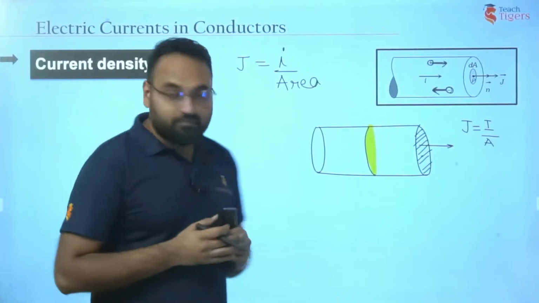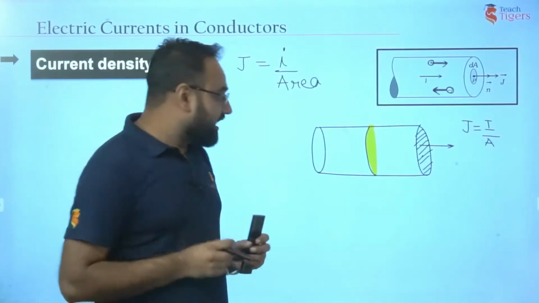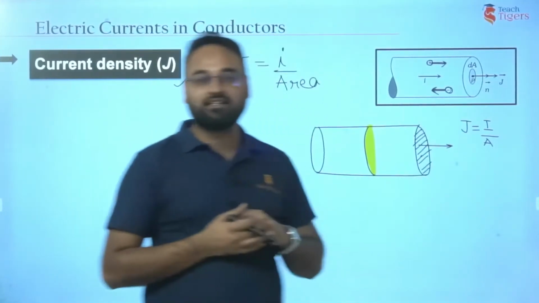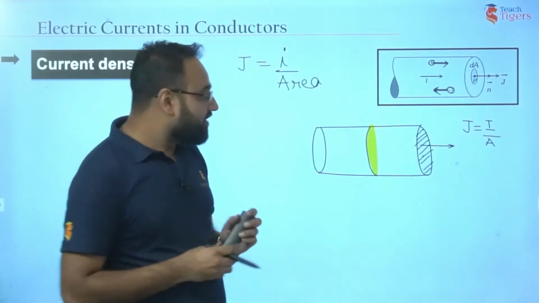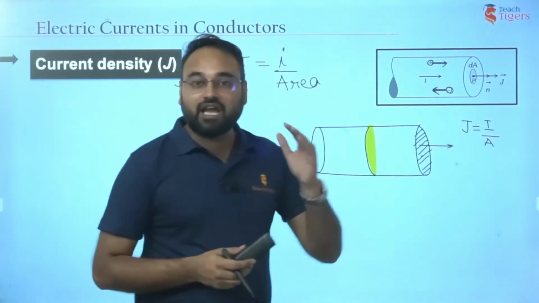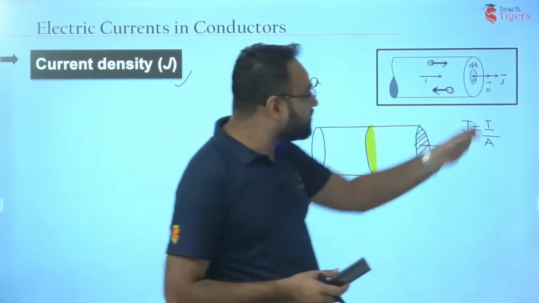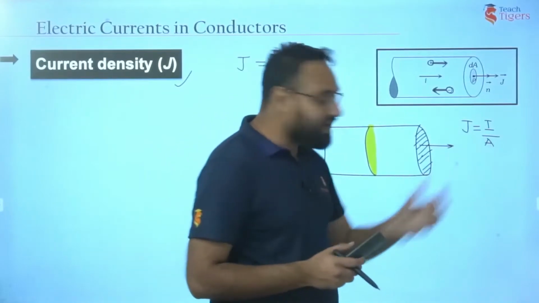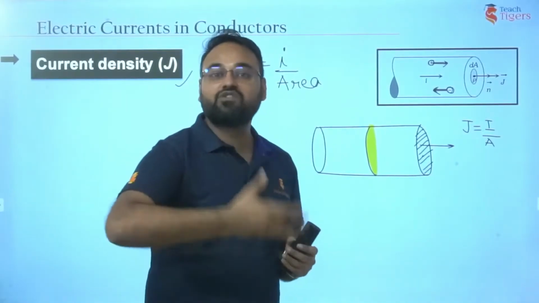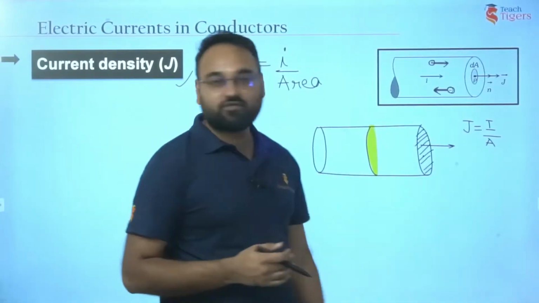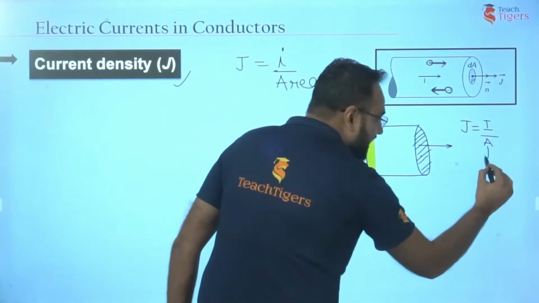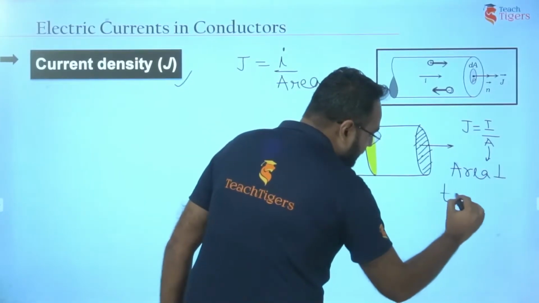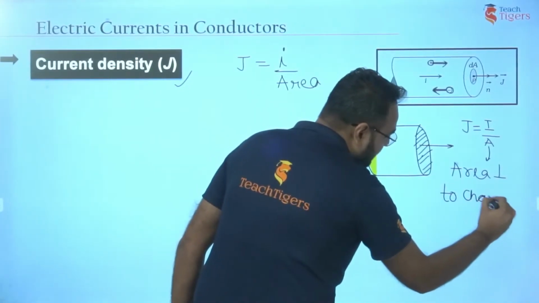But there is an important point to keep in mind: we have to consider the area which is normal to the charge flow. Always remember, this area A is perpendicular to the charge flow.